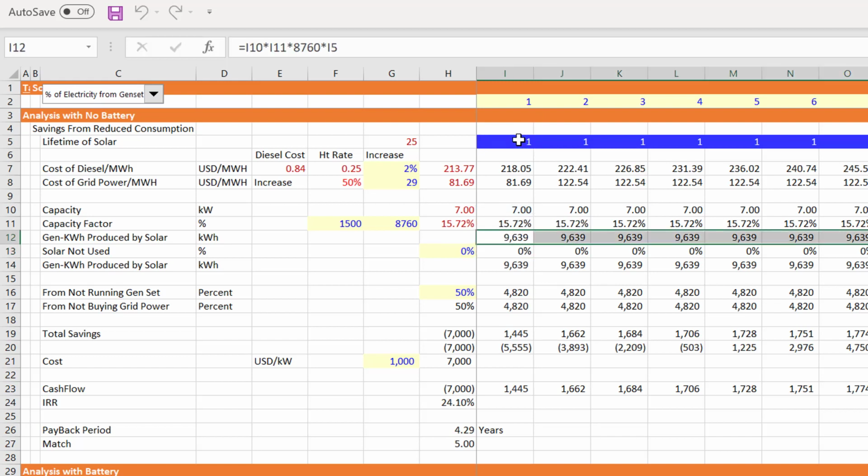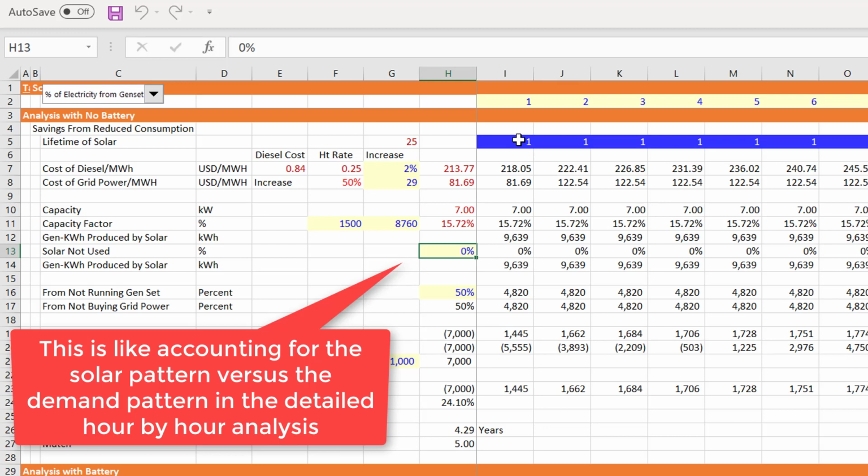Okay. And then the big question is, I doubt they have some fancy feed-in tariff for surplus solar during the day.